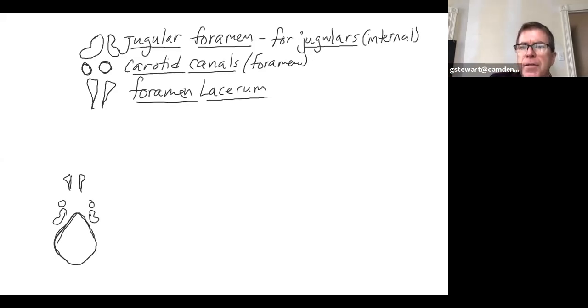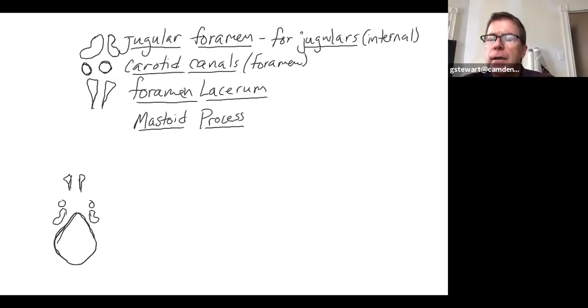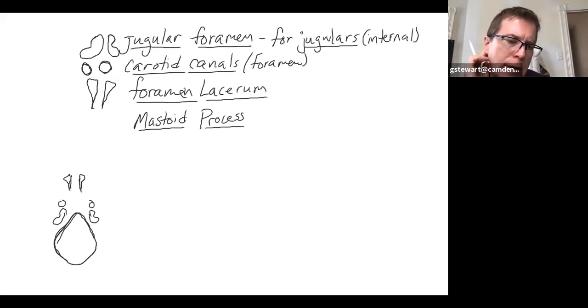These two are worth mentioning. These markings, the mastoid process. I told you the temporals are just packed full of these really minute processes. The mastoid process, you can feel that your mastoid process right behind your ear. There's a bulge or bump. If you feel your skull right there, that's your mastoid process. It hangs down.